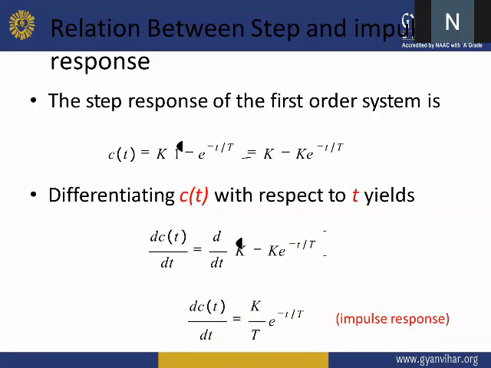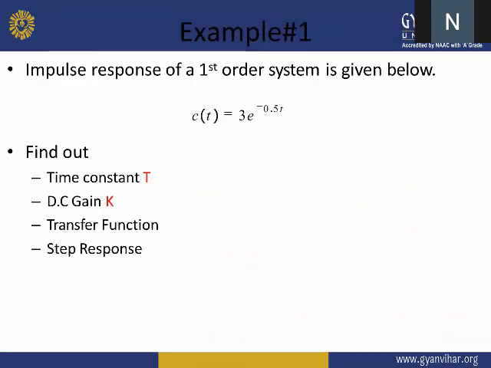Then we have seen the various responses and the relationship between the step and impulse response. The step response for the first order system has been shown, and the relationship is discussed. That means we can see that the first order derivative of the step response results in the impulse response.